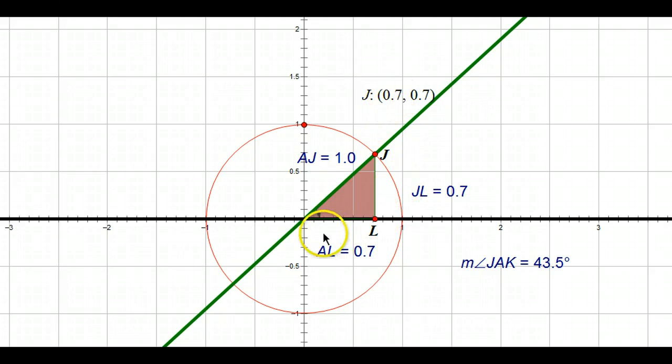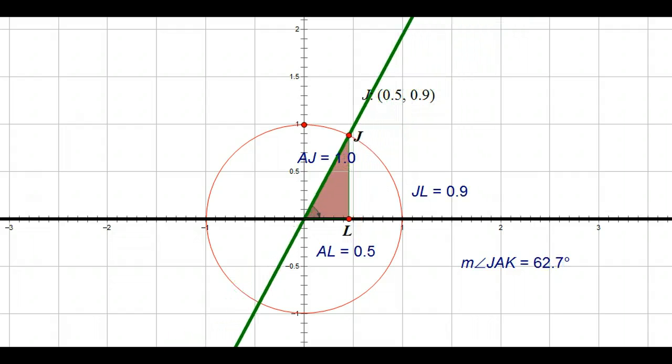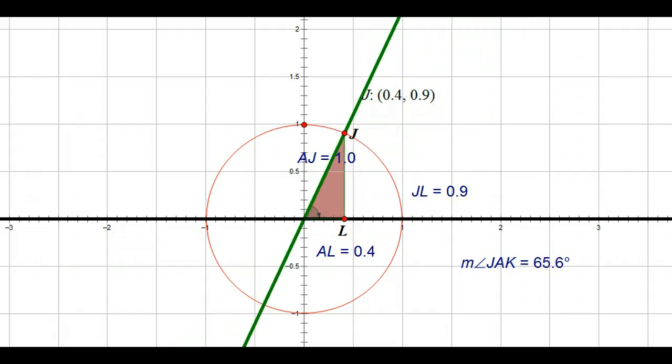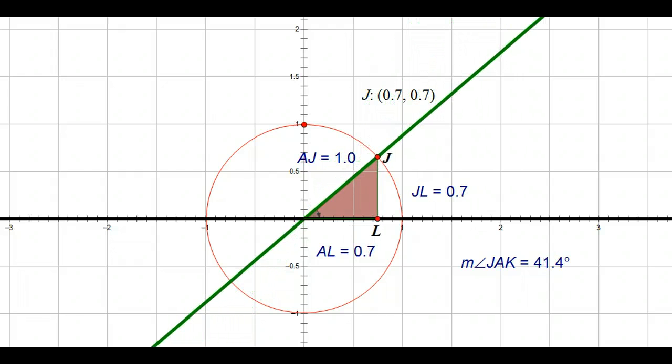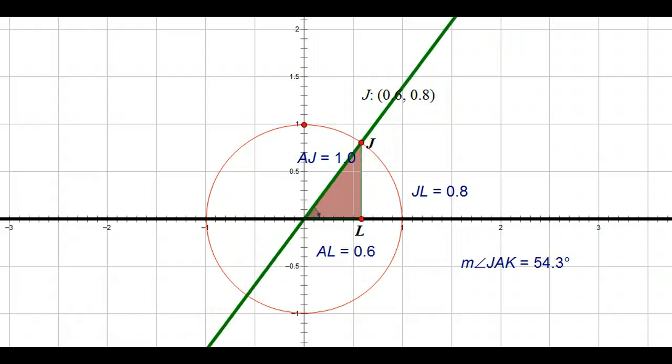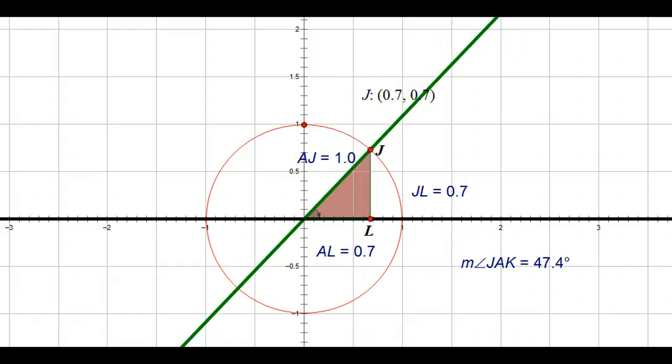And as we can see here, the hypotenuse is 1. So as I change the line, the coordinates of the legs change length because the legs are changing length, but the hypotenuse stays the exact same. And so we're going to focus on those types of angles.